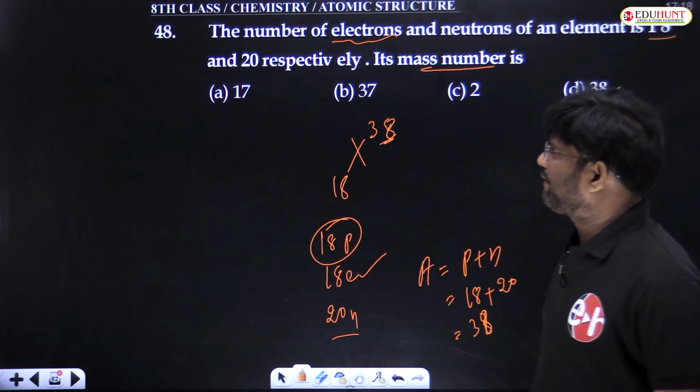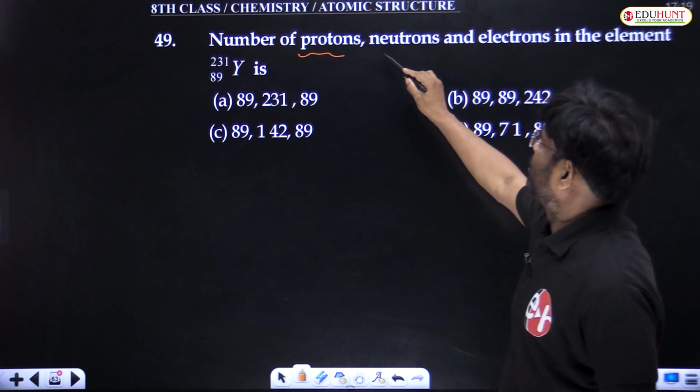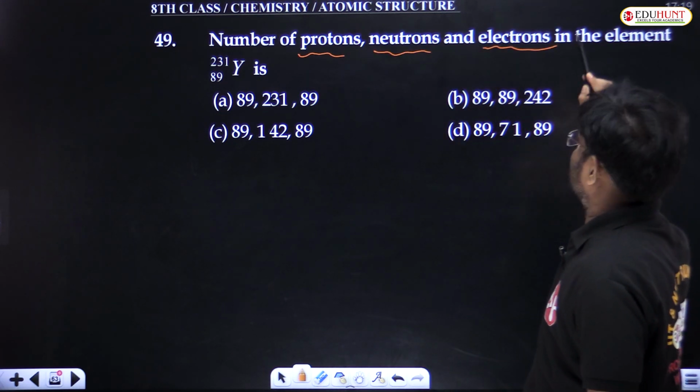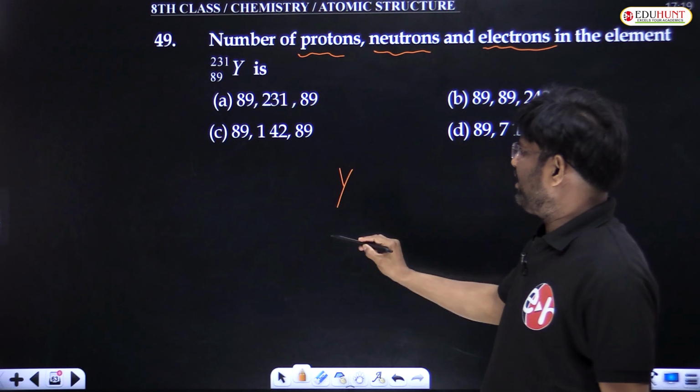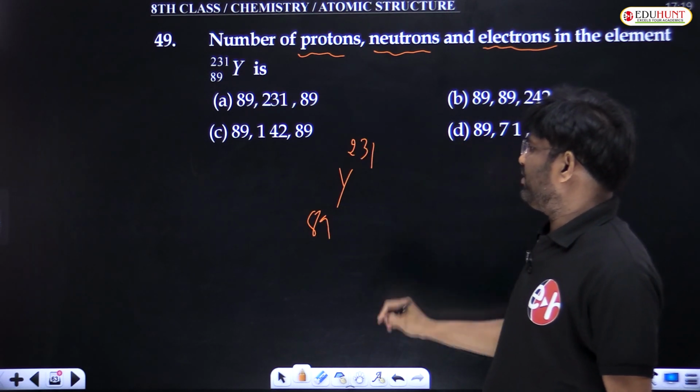Option D. Next question. The number of protons, neutrons, electrons of Y 89, 231 is given.